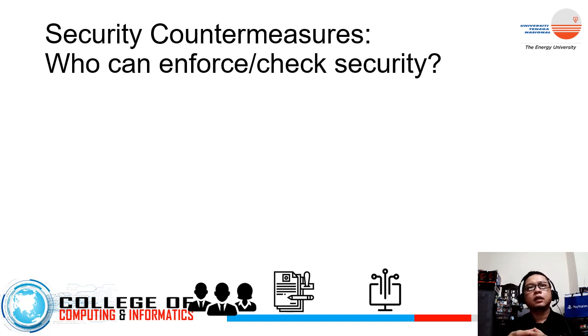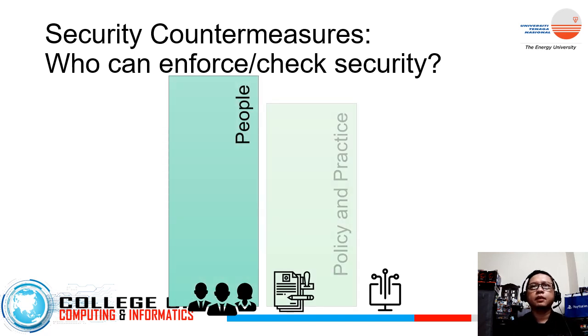And now we look at the security countermeasures, another dimension in the IM model. Now we look at who can enforce and check the security. What are the countermeasures that you have in or around your organization with regard to the information that you want to protect? Who are the people? What are the policies and practices to protect the asset that you want to protect?